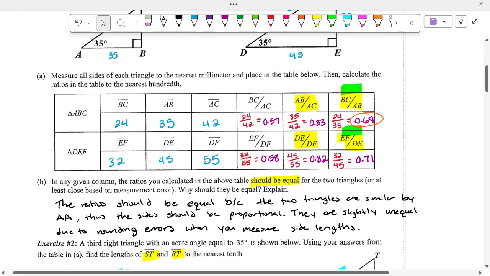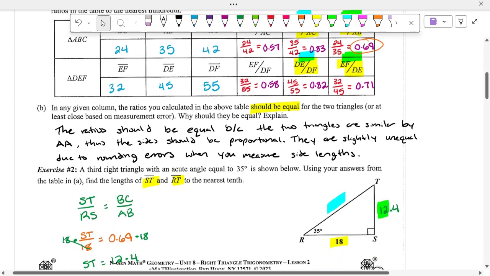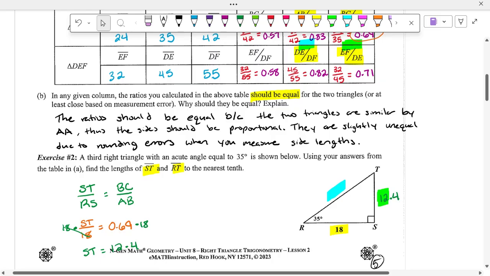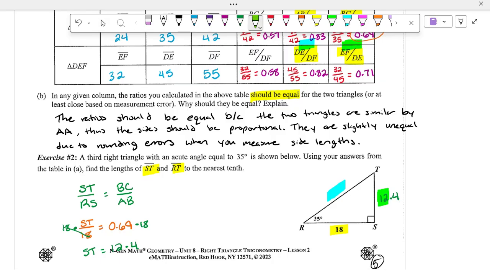So it'd be AB/AC or DE/DF. All right. So just for variety's sake, let's use DE/DF for the next one. So DE, its corresponding side is RS, so we're going to do RS over TR and set equal to DE over DF.